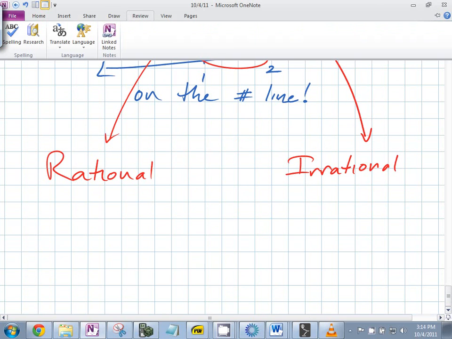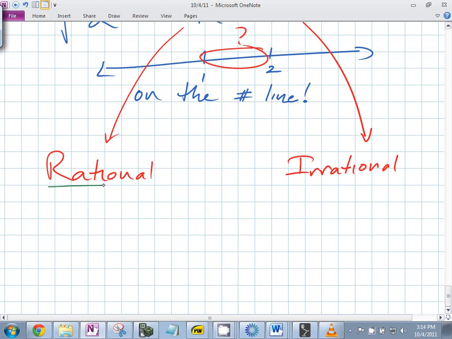Ratio means it can be written as the fraction of what? Of integers in most reduced form.